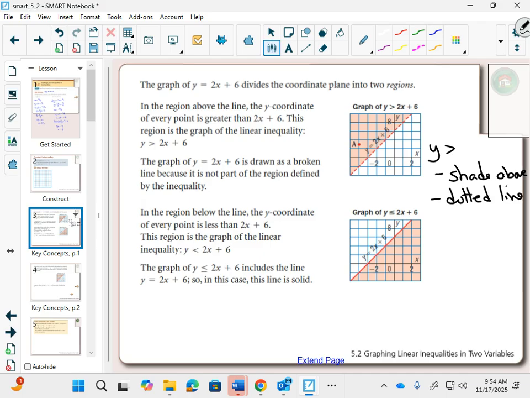A little note here: if you're graphing an inequality y greater than 2x plus 6, I'm going to graph 2x plus 6, but I'm going to graph that line with a dotted line because it's just greater than and not equal to. If we have an equal sign, we'll graph a solid line. If we have just the greater than sign, we're going to graph a dotted line.